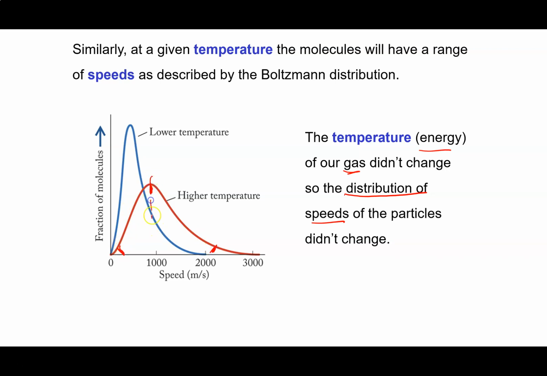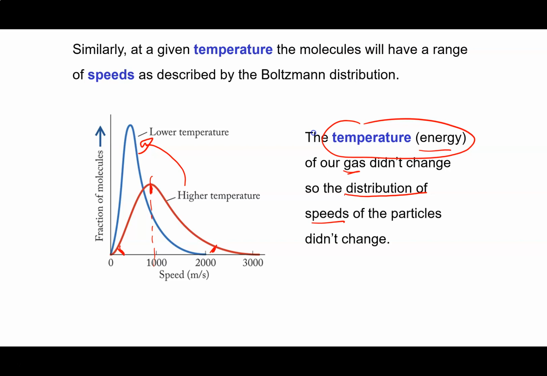Most of them will be moving at a speed near the root mean squared speed. And the only thing that changes this distribution of speeds is moving to a different temperature. But in our case, the temperature is fixed, so the distribution of speeds doesn't change with time. The possible speeds are not a variable here because the temperature is fixed.